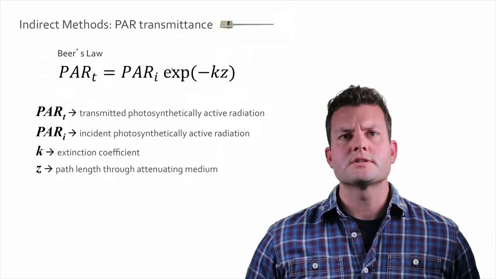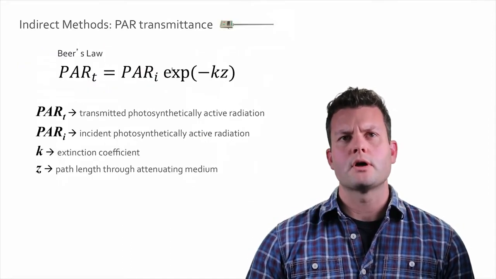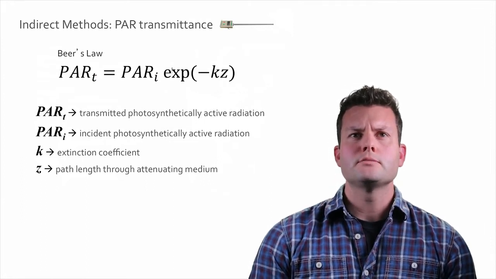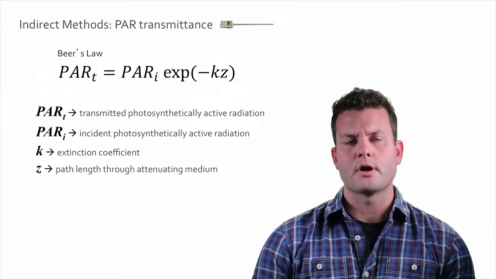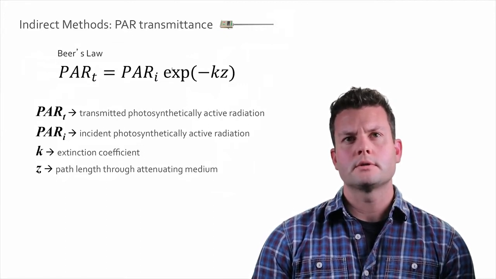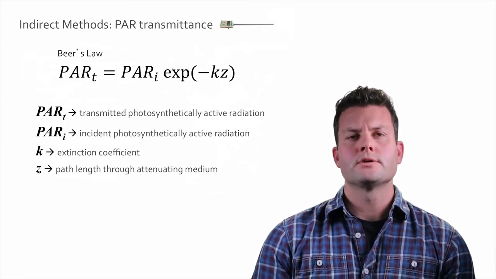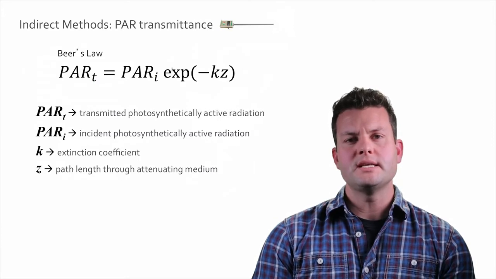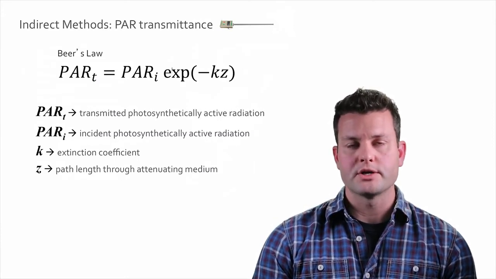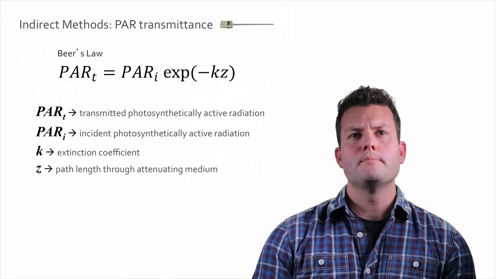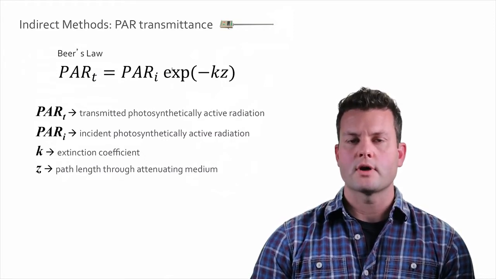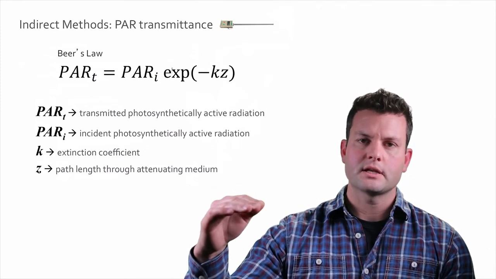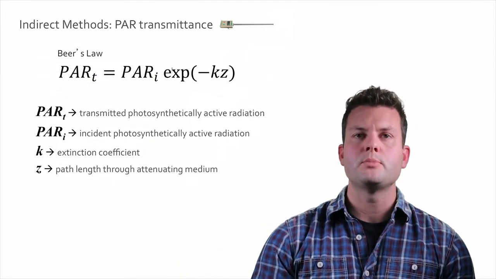And indeed there is, and this is formalized by Beer's law. For the purposes of leaf area index, let's consider this form of Beer's law, where we're dealing with light energy in the form of photosynthetically active radiation, or PAR. You can see that PAR sub T is transmitted PAR, which might be what we measure at the bottom of the canopy. That's going to be a function of how much incident PAR, or photosynthetically active radiation, is incident at the top of the canopy.